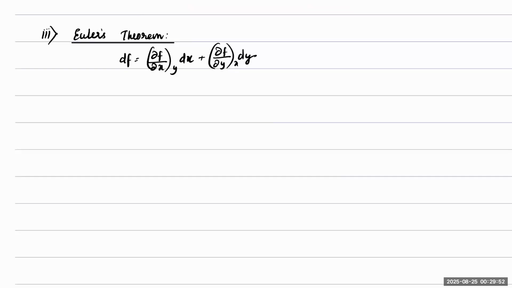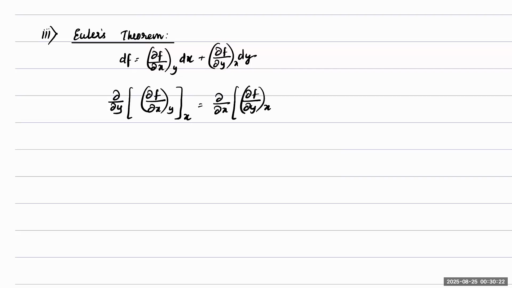Now, if we are able to write it this way, then dou by dou y of dou f by dou x at constant y, with this entire differential at constant x, should be equal to dou by dou x of dou f by dou y at constant x, at constant y.